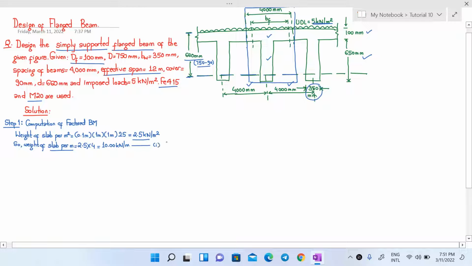Now another dead load will be the self weight of this web part, that means this part here.